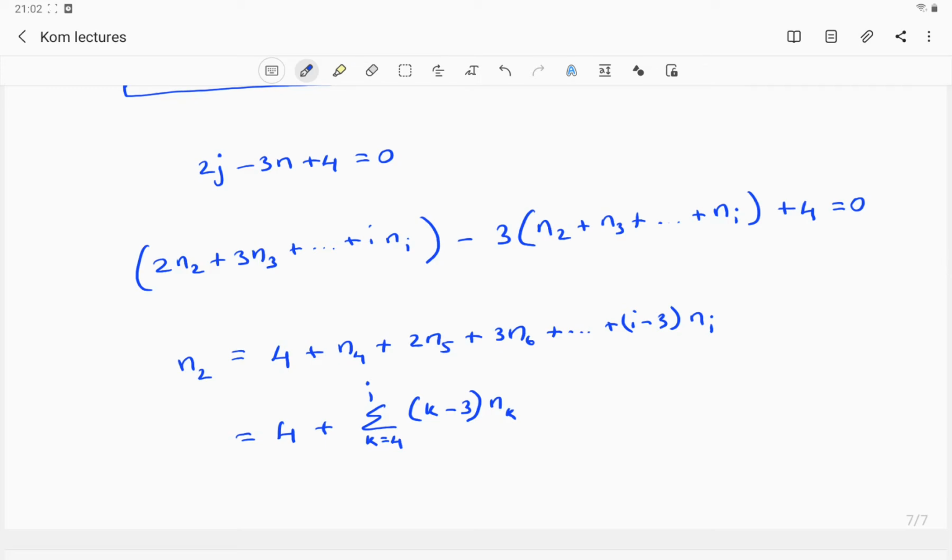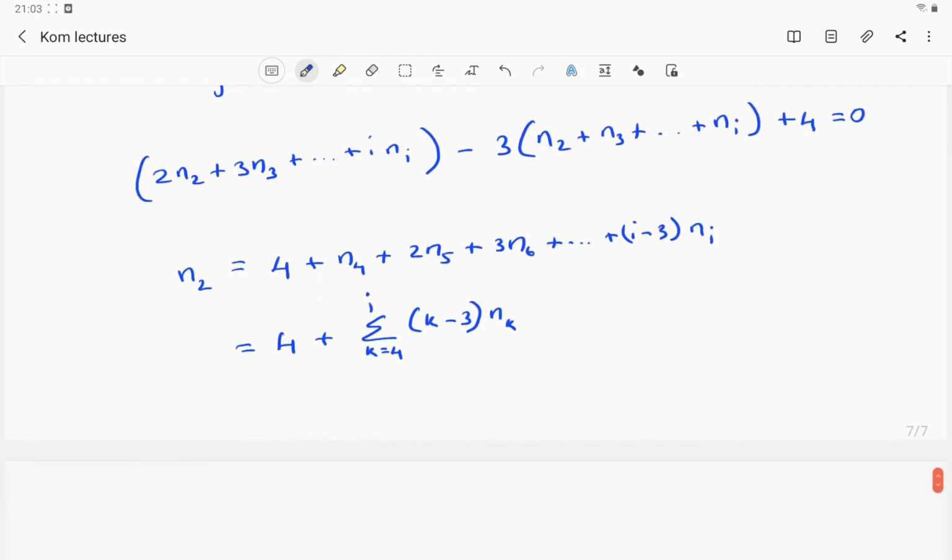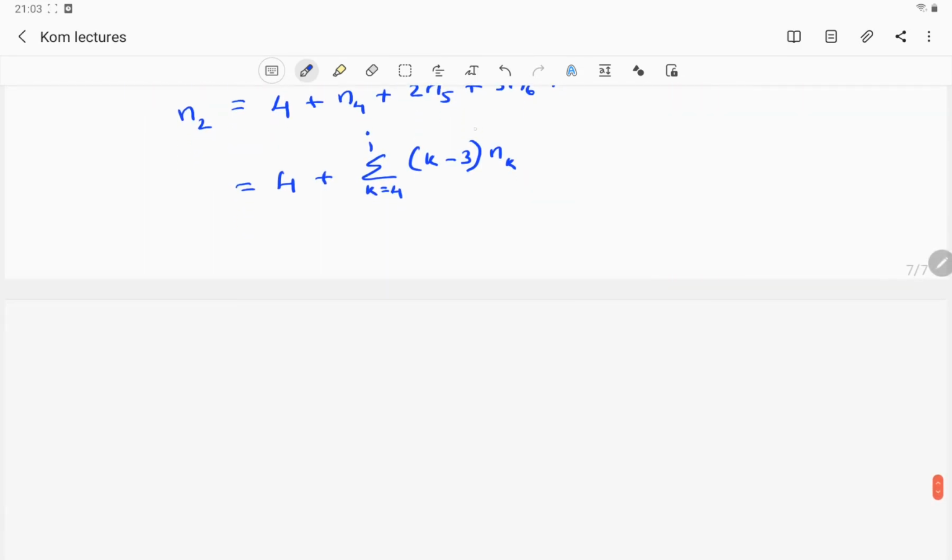Fine. Now if in a kinematic chain there aren't any n3 or n4 or n5, anything other than binary, then this term will be 0, and the minimum number of binary links will be 4.